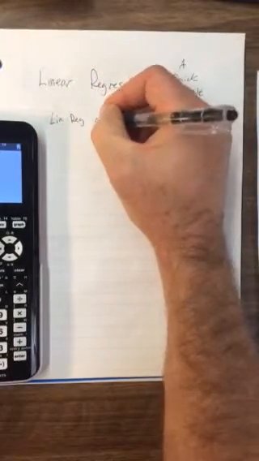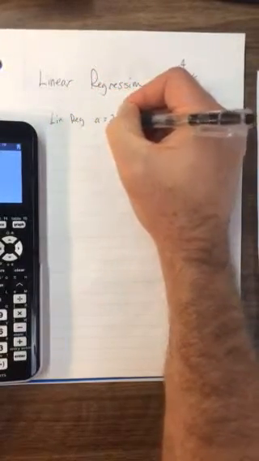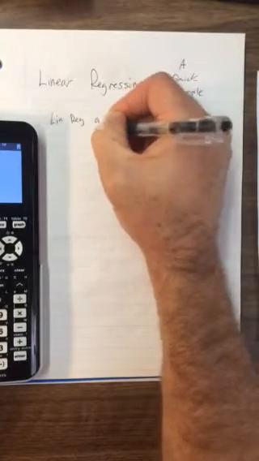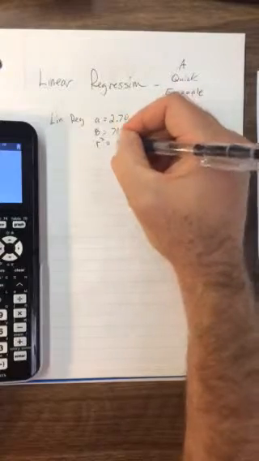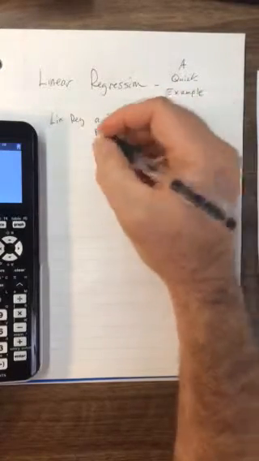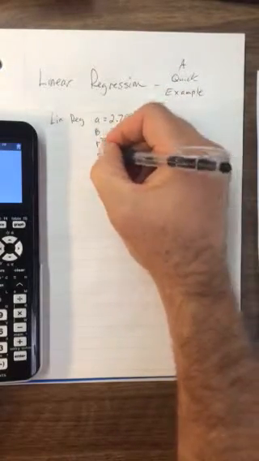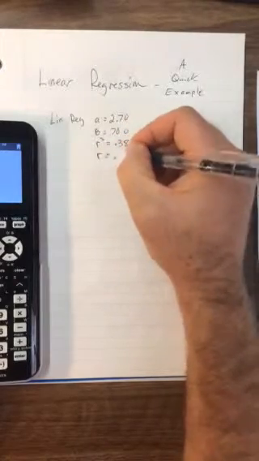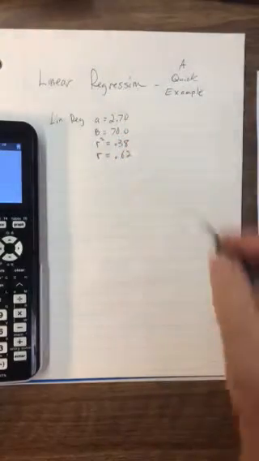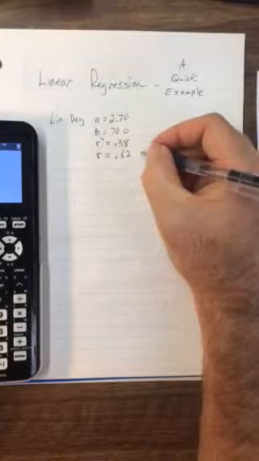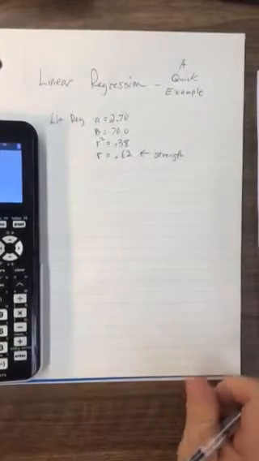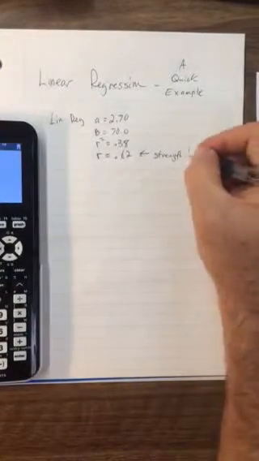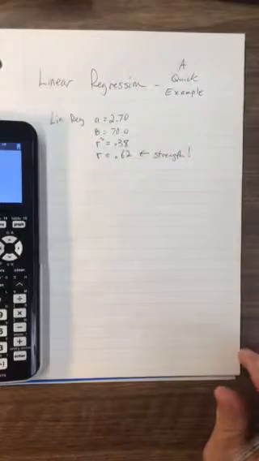We found that A was equal to 2.70, B was equal to 70.0, R squared was 0.38, and R, as we calculated so laboriously, was 0.62. That's what we're currently calling the strength of our correlation. Not too bad. We'll see stronger ones.